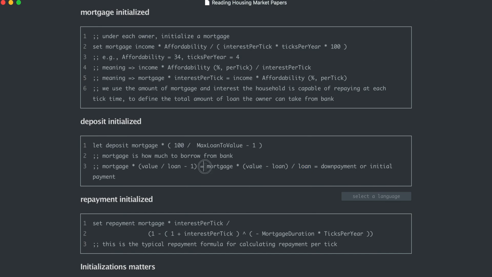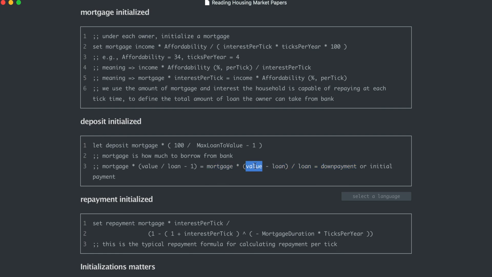So this formula says mortgage cancels loan out because they are essentially the same. And the value minus loan is the money which we need to pay, right? So that makes this equation correct. And we understand this relationship perfectly because this is what is happening.